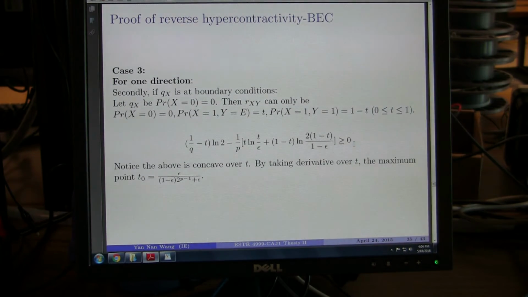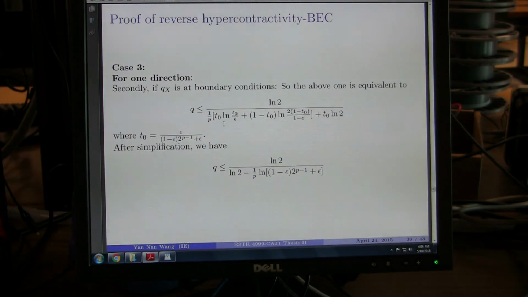Notice the left-hand side of this inequality is concave over t, so we can get the maximum value by taking derivatives over t. The maximum point is this one, and then we could get the equivalent condition when Qx is at the boundary condition. The Q needs to be less than this expression.